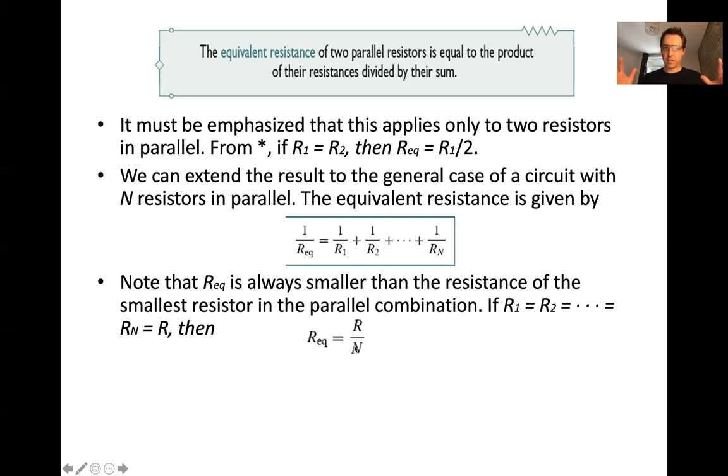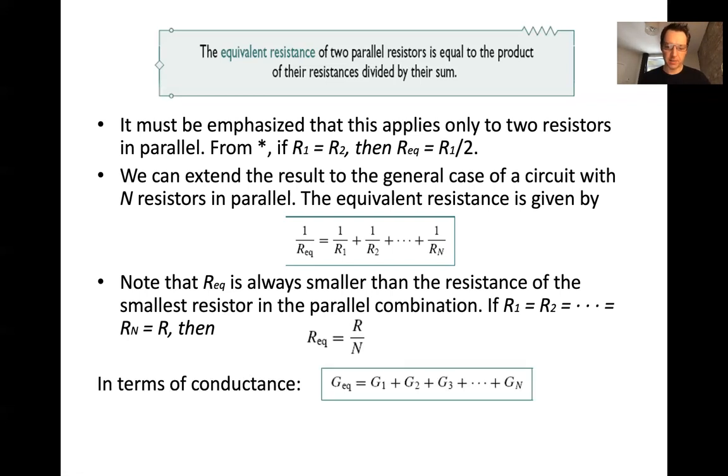So if you have, let's say, 10 ohm resistors in parallel, then the equivalent resistance is going to be 1 ohm if they're all connected in parallel. Now, here's where conductance can prove a little bit useful, because notice that conductance is equal to 1 over resistance. So we can replace each of these reciprocals with a conductance.